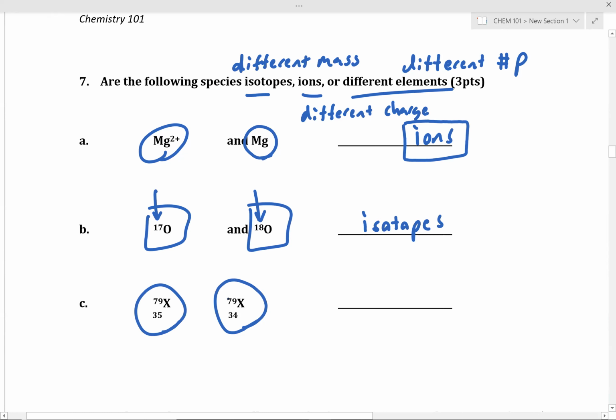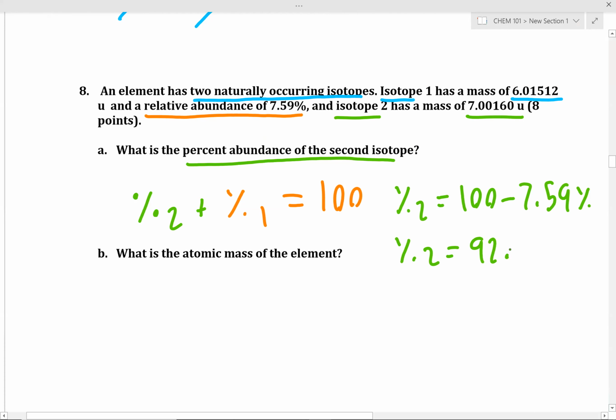That gives us a percentage of isotope 2 of 92.41%. Just keeping in mind that this 100 is an exact number, so it will not constrain your sig figs in calculations. Perfect. So with this in mind, we now have enough information to calculate the atomic mass.